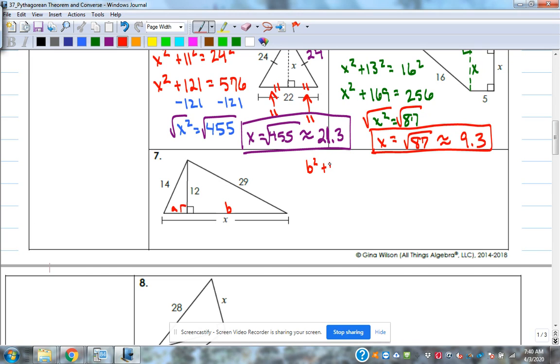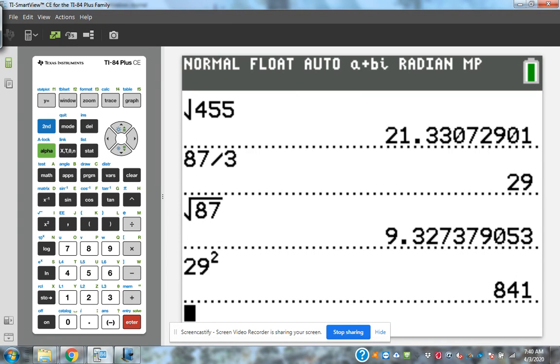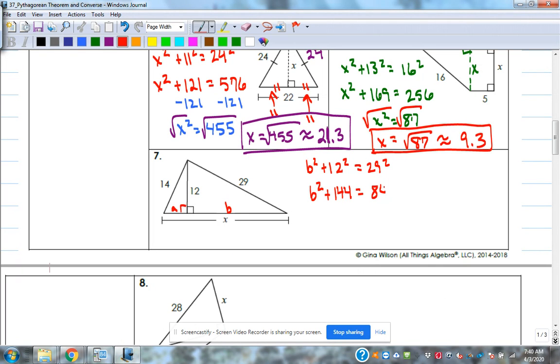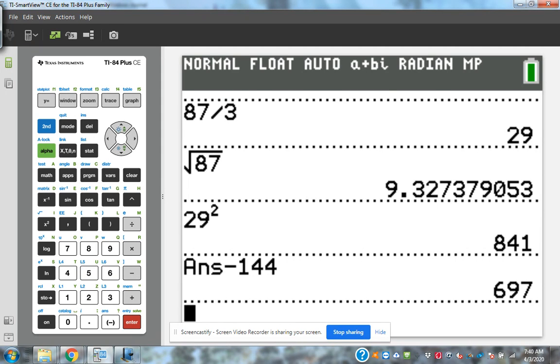B squared plus 12 squared, we'll do the one with the bigger numbers first, equals 29 squared. B squared plus 144. I don't know what 29 squared is. 841. And then subtract 144 from that. 697.